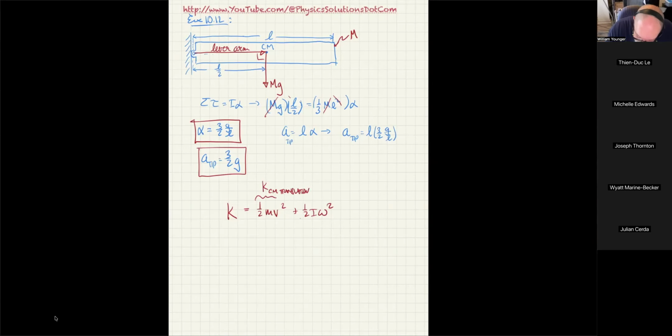And then this is the kinetic energy associated with rotation. So if you have an object that's both moving and rotating, like rolling, then you not only have the kinetic energy associated with it moving, 1/2 mv squared, you also have a kinetic energy associated with it rotating.